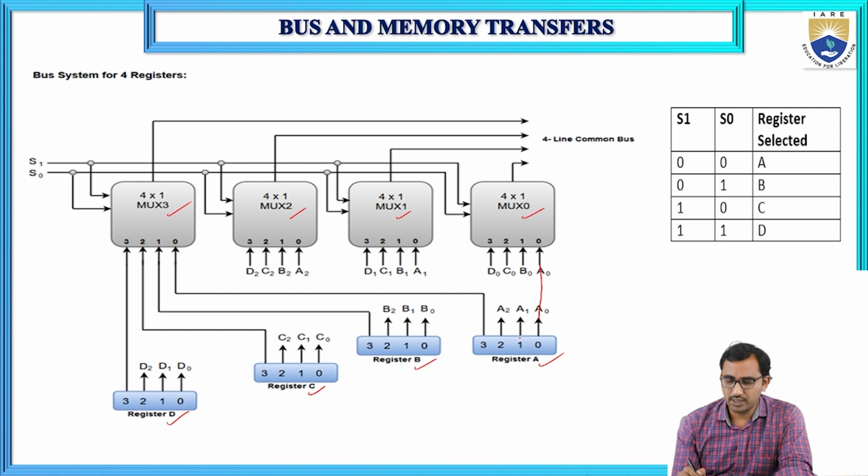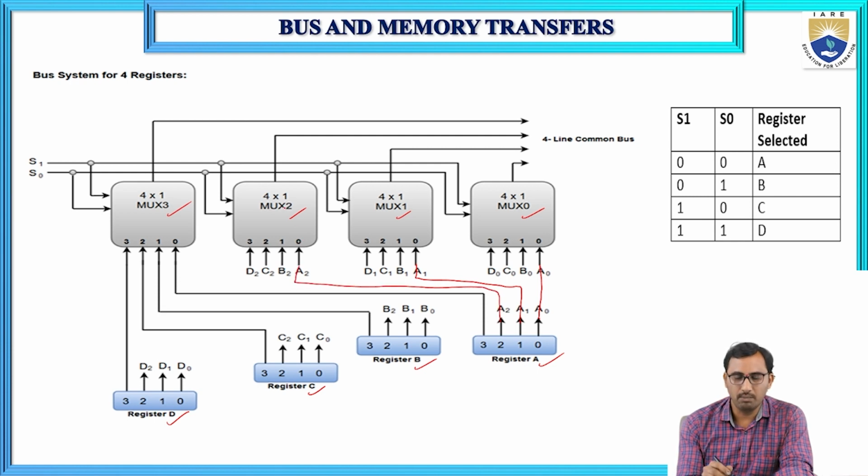Similarly, A1, the first bit of register A, is connected to the 0 input of multiplexer 1. The second bit of register A, A2, is connected to the 0th input of multiplexer 2. Similarly, A3 is connected to the 0th input of multiplexer 3.